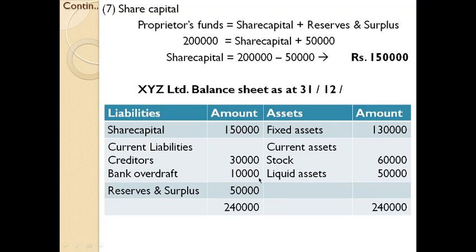Remember, usually students end up with some careless mistakes. Usually the students do it like this. Current liabilities, they already found 40,000. They will write 40,000, and under that creditors 30,000, bank overdraft 10,000. It will be the greatest blunder in your history.